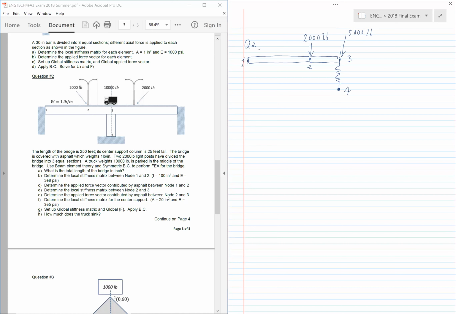Now let's answer the questions one at a time. I provide a lot of guidance here. What is the total length of the bridge in inches? Well, the total length is 250 feet, right? 250 feet times 12 inches per foot is 3,000 inches.